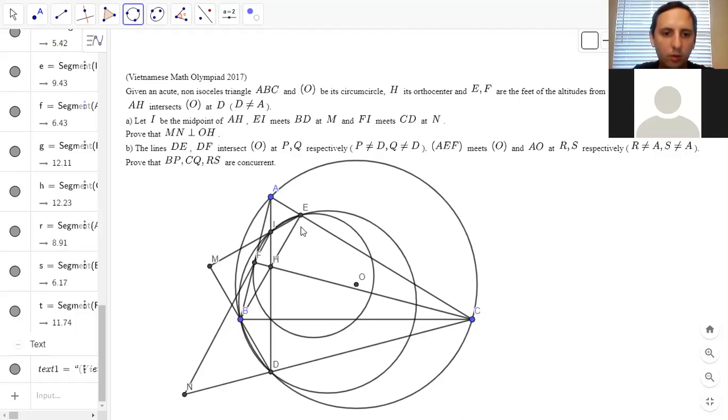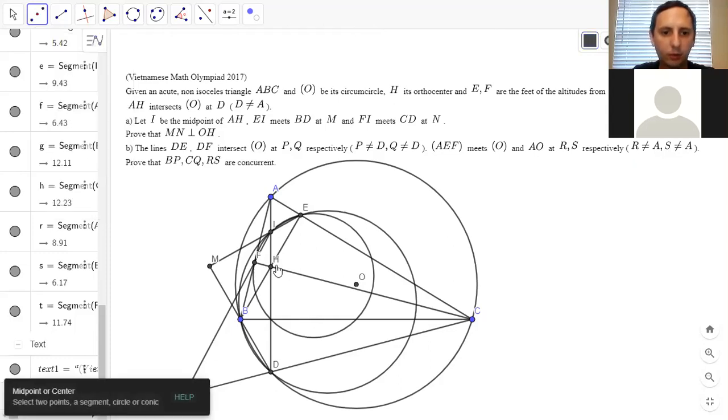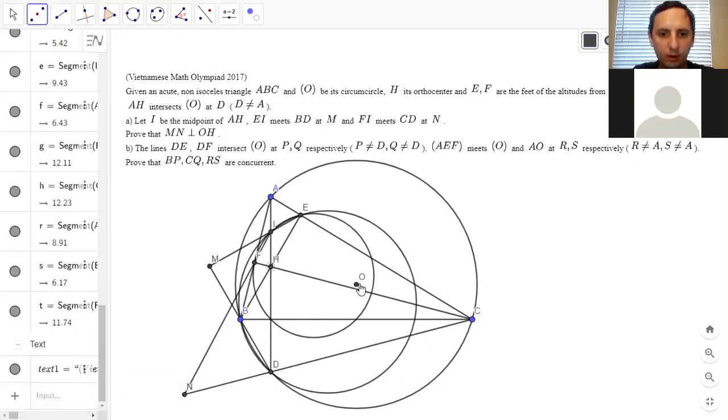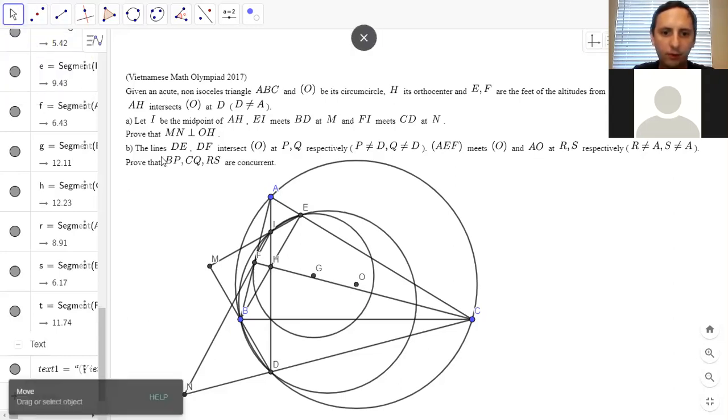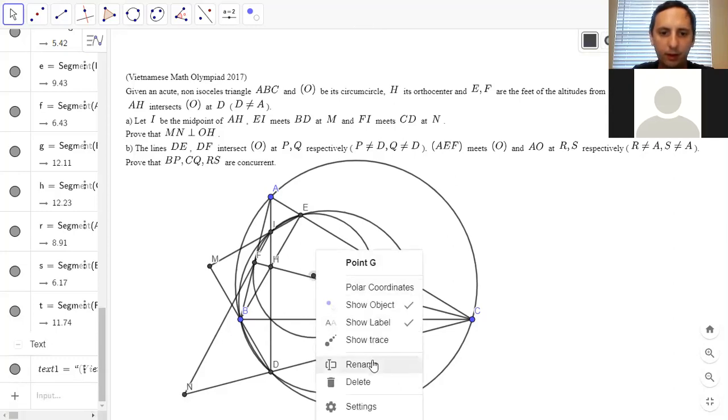So that's part A. So yeah, because the 9-point center is the midpoint of OH. So basically we're saying MN is perpendicular to the, that solves it. Okay. Let me draw the 9-point center just to do it. So G is the 9-point center. I know G's usually, maybe I'll just call it K.